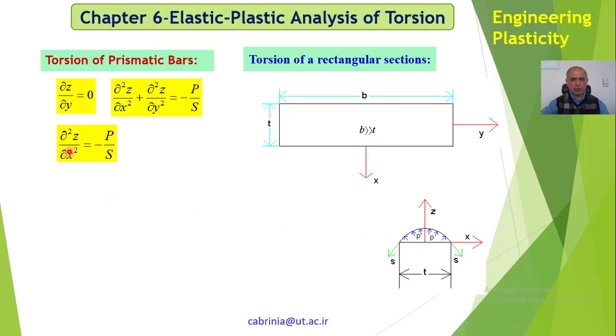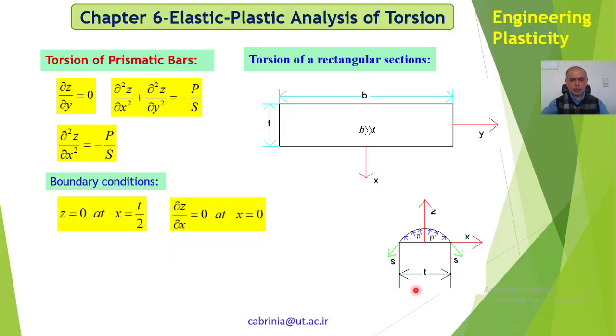So that's what we have here, and we want to use the membrane analogy to solve this problem. So we have these equations as we mentioned on the previous page, and what is the boundary condition here? The boundary condition is that z equals 0 at x equals t over 2. So x equals t over 2 is the edge of the rectangle, and because we said the membrane is fixed at the edge, it cannot bulge.